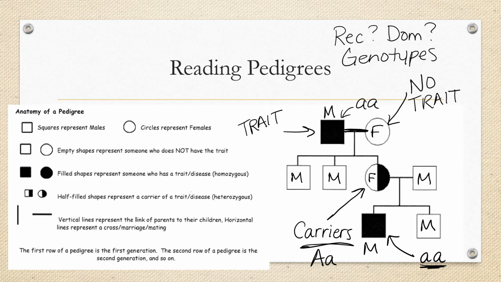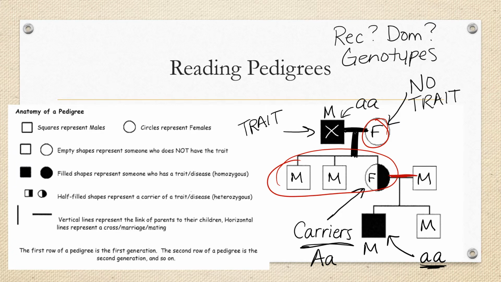Now, horizontal lines like this one represent a union, a marriage or a mating, depending on what type of organism you're talking about. And then the vertical line going down represents the offspring of that union. So this particular male and this particular female mated to produce these three offspring.